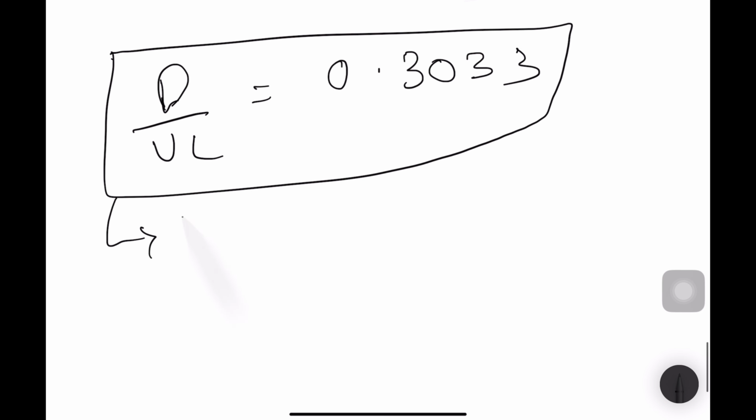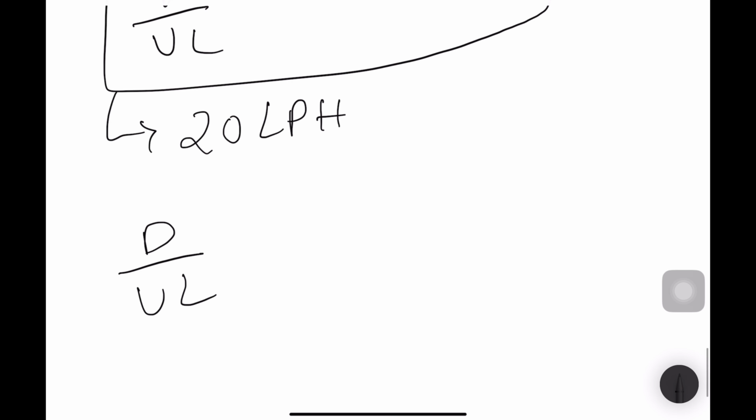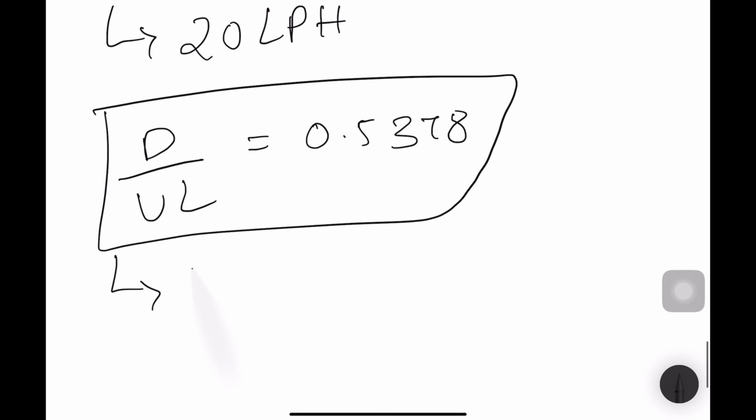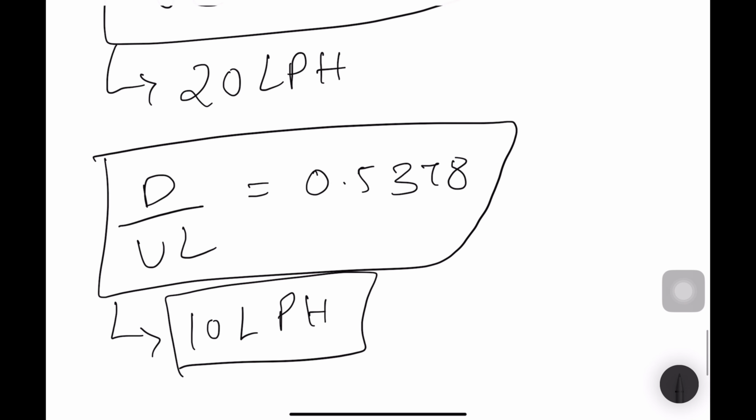This is for 20 lph, and for 10 lph, D by uL is found to be 0.5378. A similar type of calculation is followed for the 10 lph value.